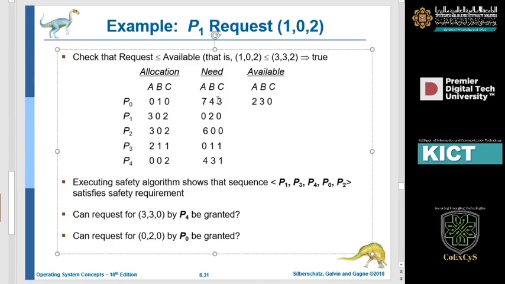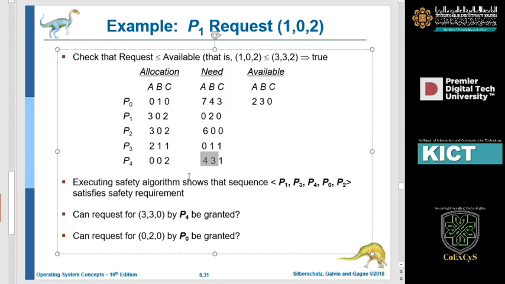Then it will be able to satisfy other processes. 552 would allow P3 to run. Then P3 releases its allocation, and that lets P4 run. Then P4 releases its allocation, then P0 can run. And finally it will be P2, in order to finish safely.